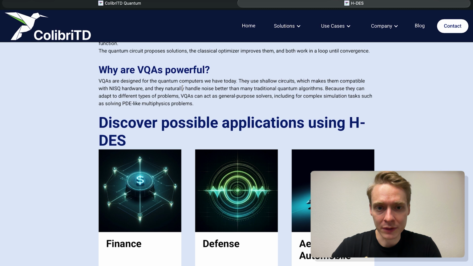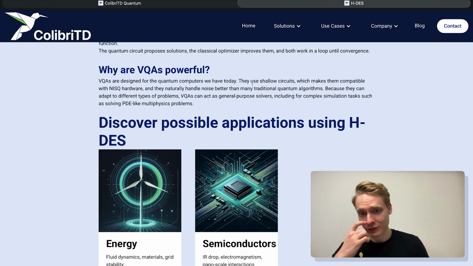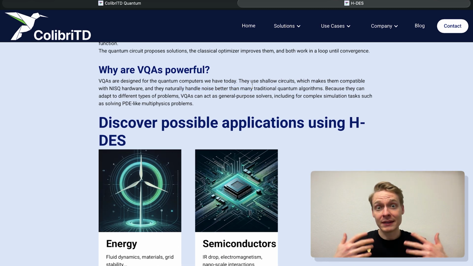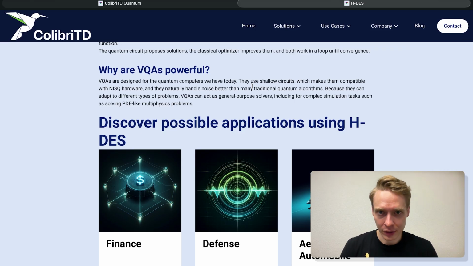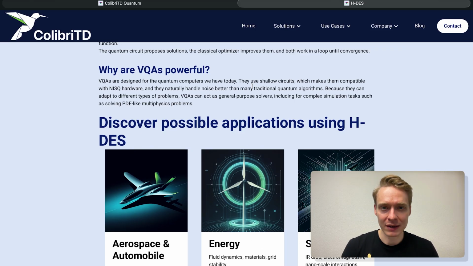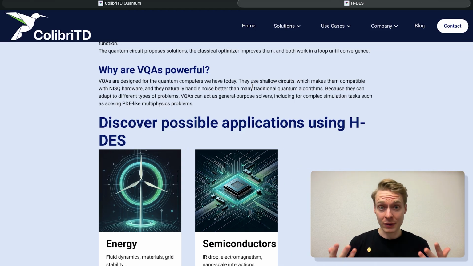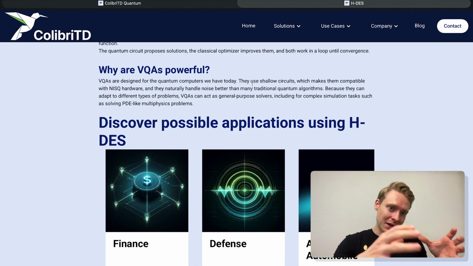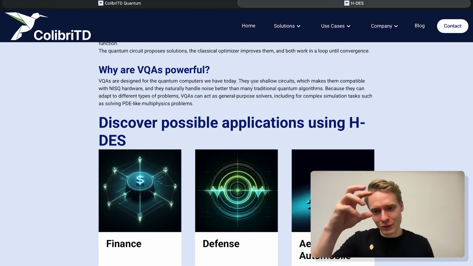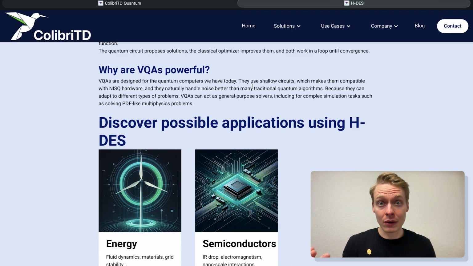A quick point on the noise part. In an ideal quantum computer, an error-corrected one, you will not have any noise anymore. But in order to create such a computer, you need many physical qubits, which you can then run an algorithm on, making them a logical qubit.